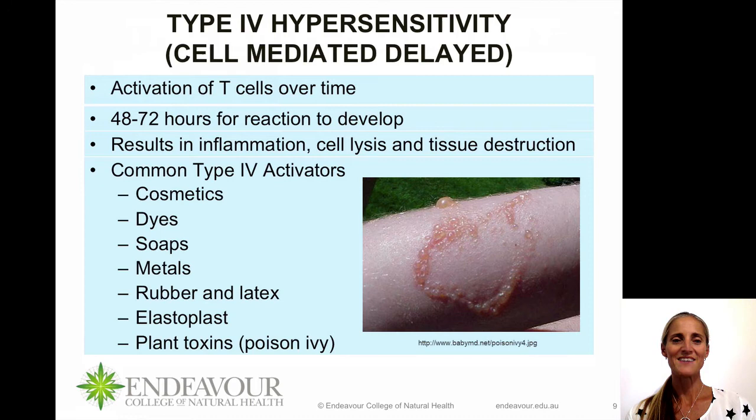Also dyes, soaps, chemicals, dishwashing detergents, laundry detergents, etc. Oh, and metals. Nickel allergies can be really common. So junk jewellery or cheap jewellery often used to, not so much anymore, have nickel in it, and a lot of people react to that.